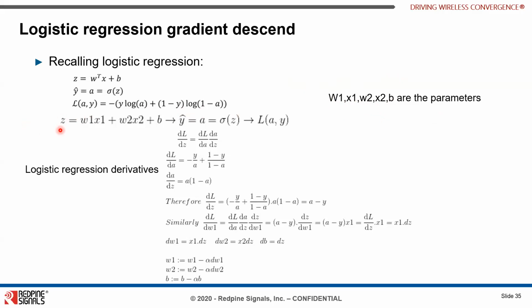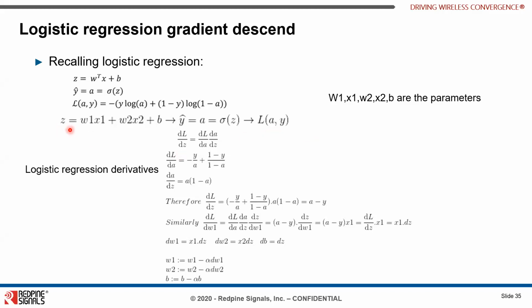If you want to find the change in the loss with respect to any of these parameters, w1, x1, w2 or x2, then finding dl by dz tells you what change in z is reflected in the loss.